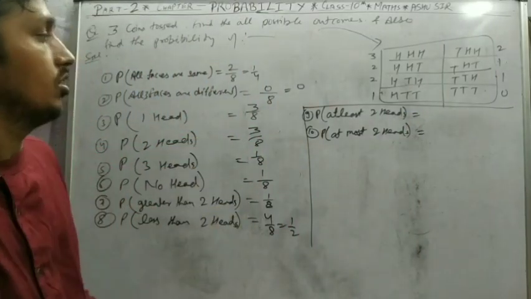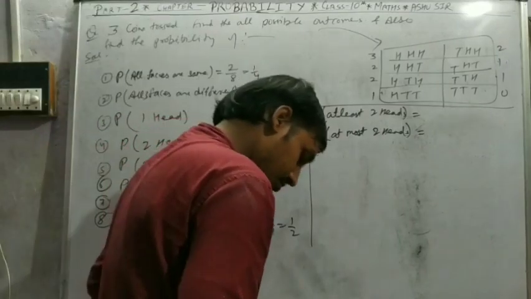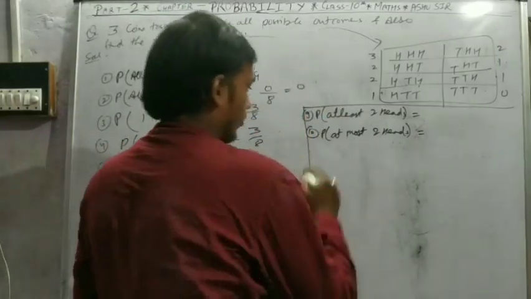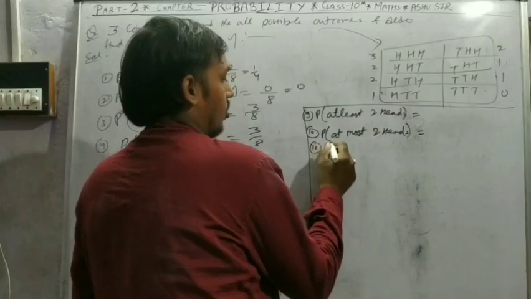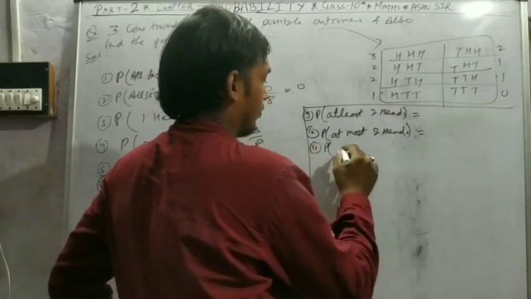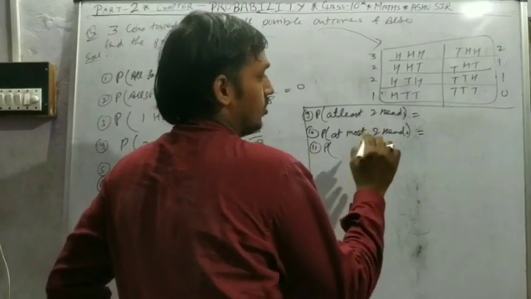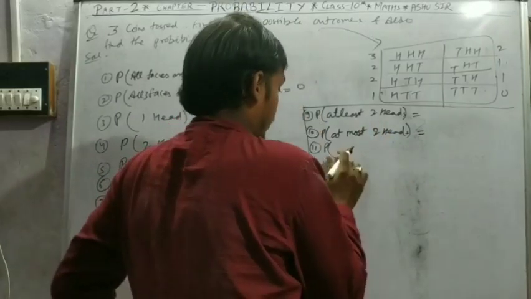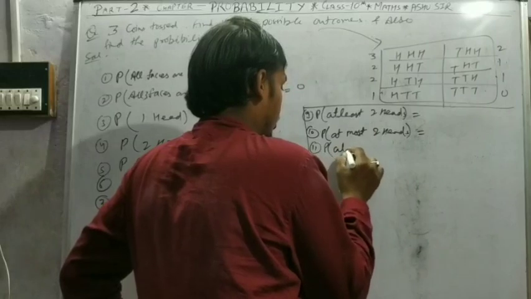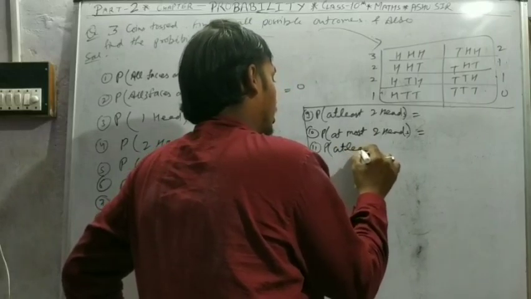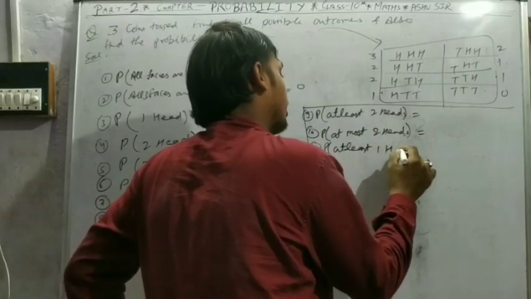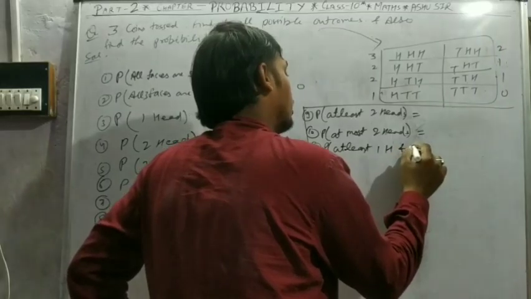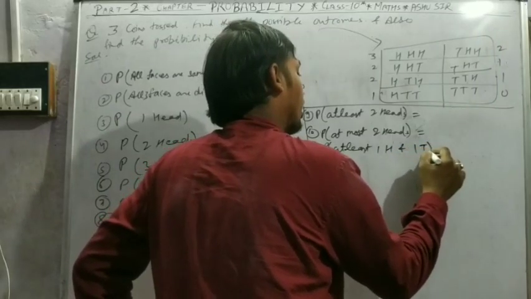Okay, so probability of at least 1 head and 1 tail.